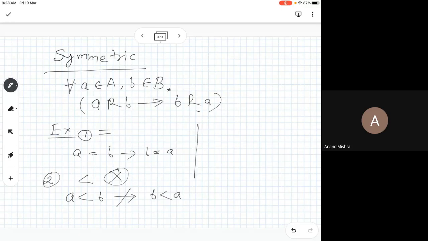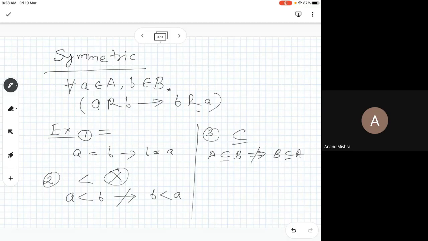Any other correct example of a symmetric relation? Let's look into it: is subset a correct example of a symmetric relation? No, right? Because if A is a subset of B, that does not imply B is also a subset of A. It will be a subset of A only if they both are equal.